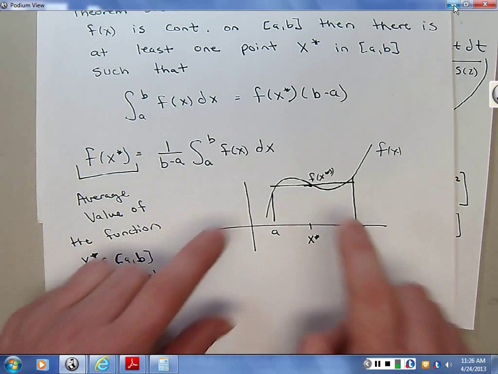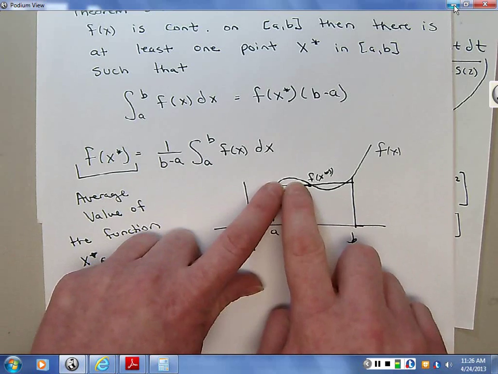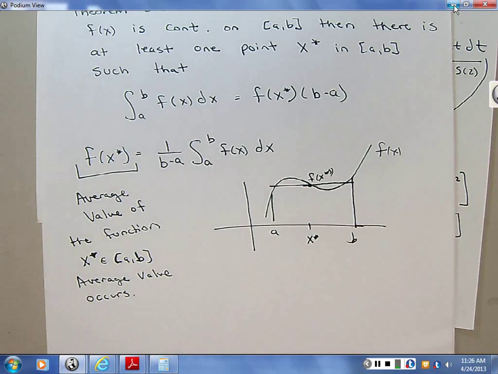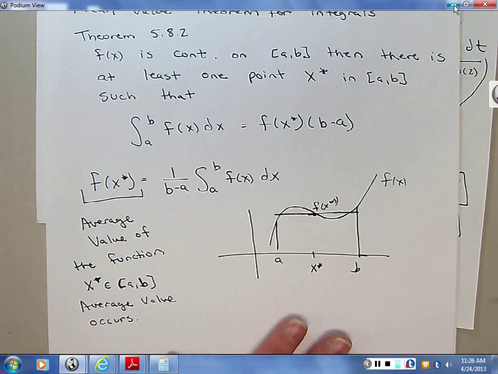So you see here, I'm underestimating, and here I'm overestimating, so it equals out. So the mean value theorem for integrals states that if you find the average value, you set the function equal to that, and you find this magic x star point that gives you the average value.